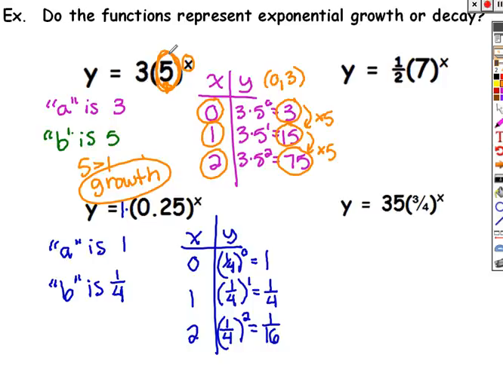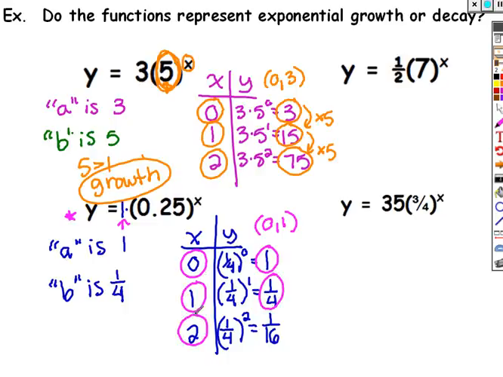So if I go to this function down here, 0.25 is actually like a fourth. And now you might notice, well, there's nothing out front, so that'd be like a 1 out front. If I plug in 0 for x, I get out 1 for y. So your a value here is actually like 1, and that is your y-intercept. And then if I keep plugging in values, a fourth to the first power would just be a fourth.